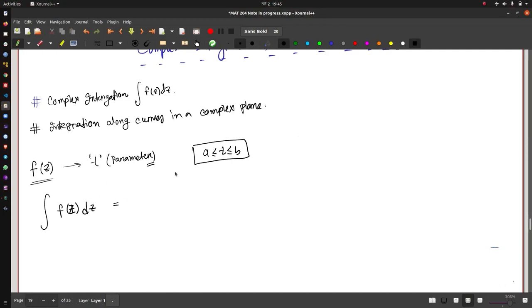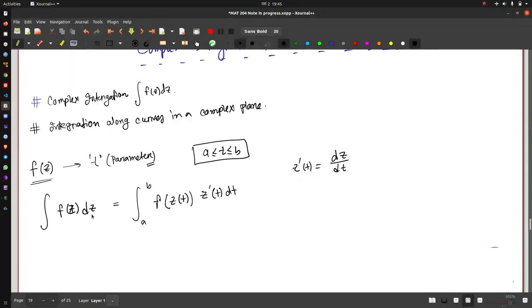So using this parameter you can write this integral as the integral from a to b of f of z of t, and you will have z prime of t dt. This z prime of t is nothing but the derivative, and this is pretty easy to do.